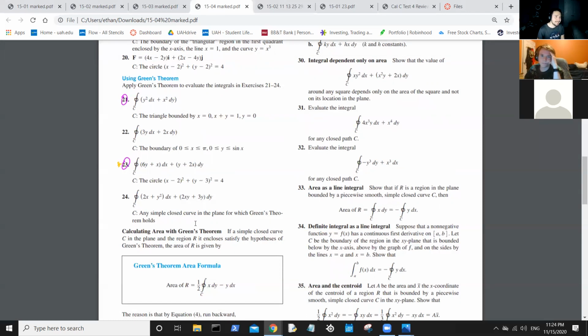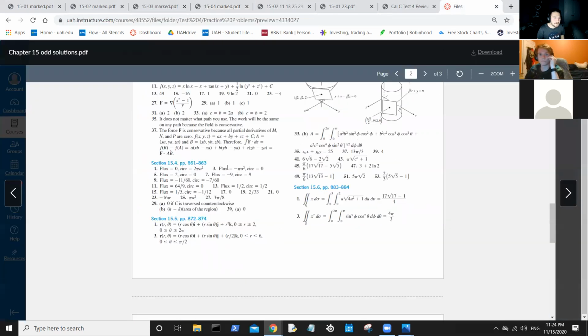It just says evaluate them, which means find circulation and flux, I think. Find them both. There's one answer, so add them together? Nah, I doubt it. I think it'd just be circulation. Yeah, negative 16 pi. All right, well then let's hope that circulation equals negative 16 pi.